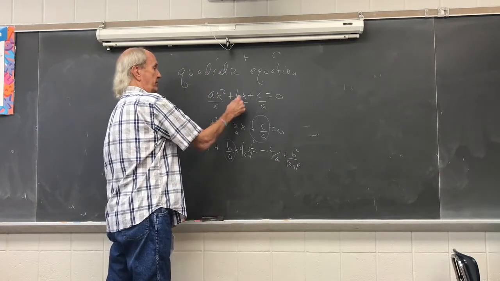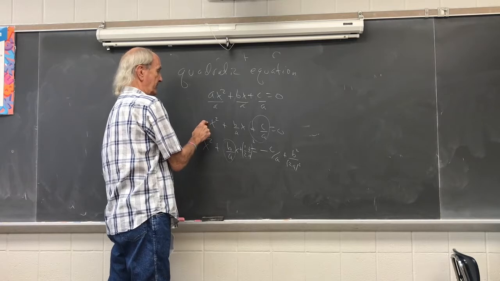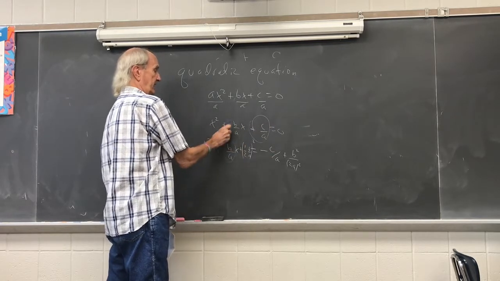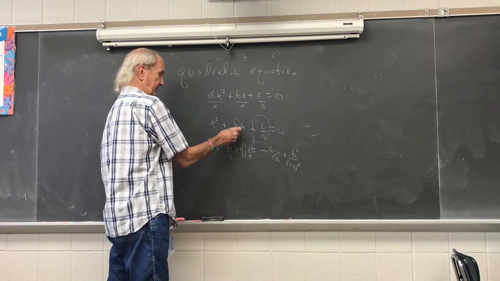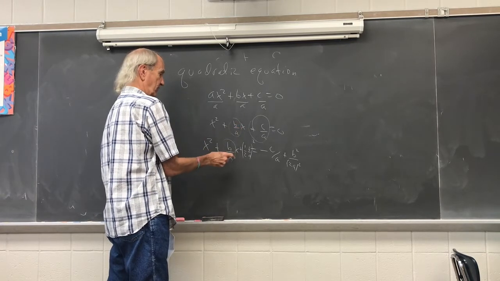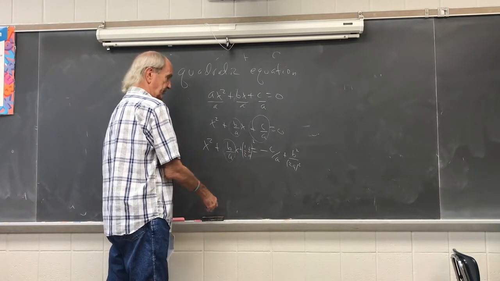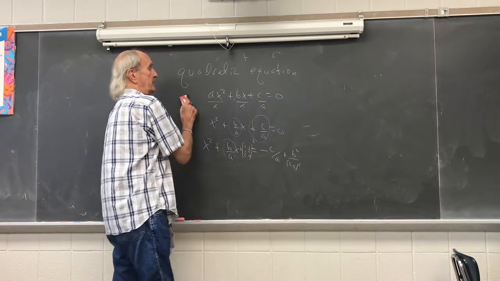So, the descending order, divide by a to make sure this is 1, move the constant term to the other side, take half of the term before the x, square it, and add it to both sides. I will let you finish this, that's one of the homework problems.